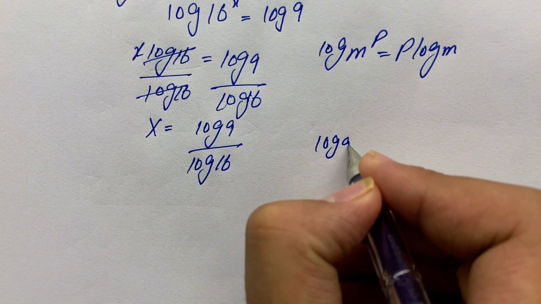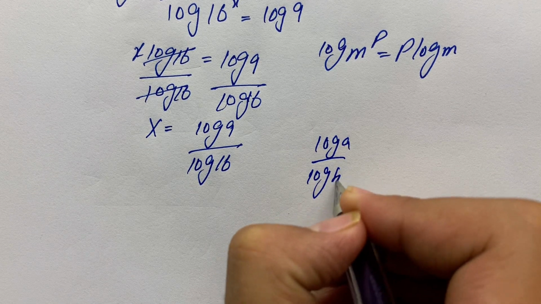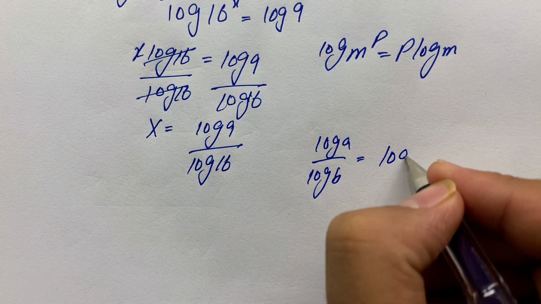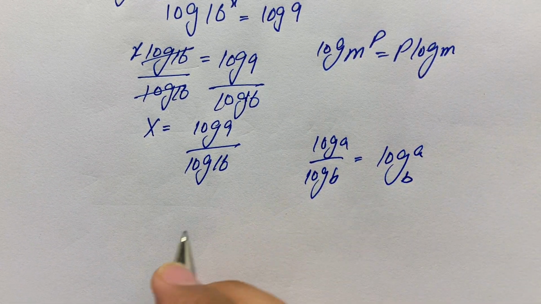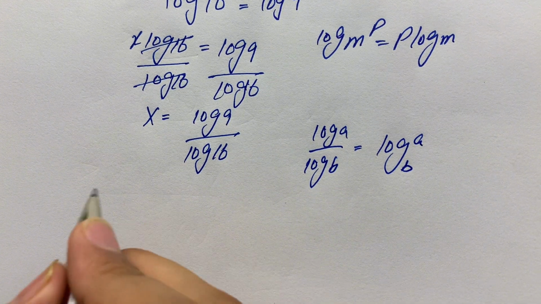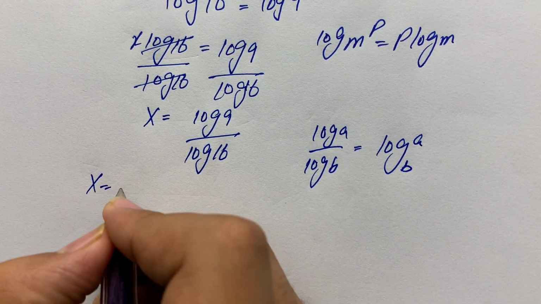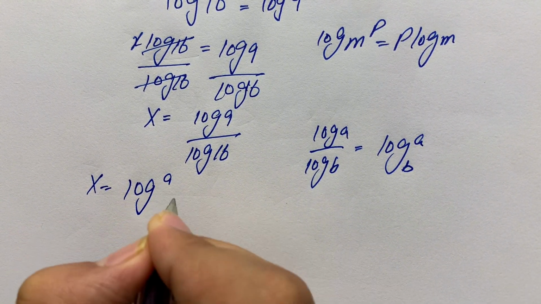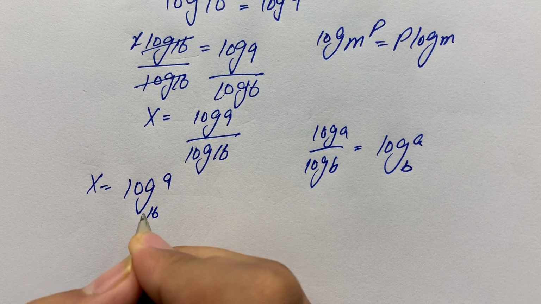Log of a divided by log of b is equal to log of a base b. Now we write x is equal to log of 9 base 16.